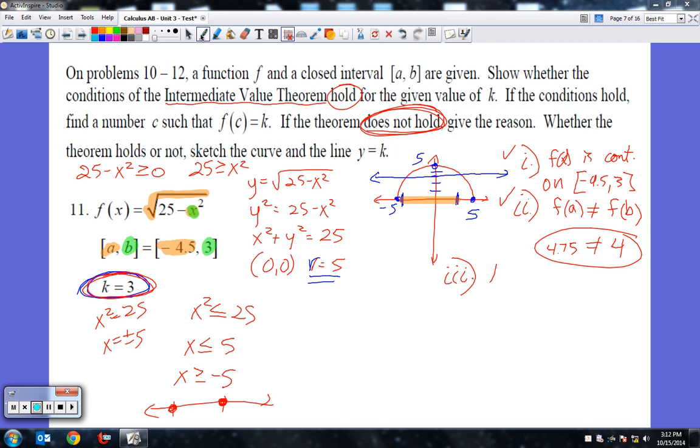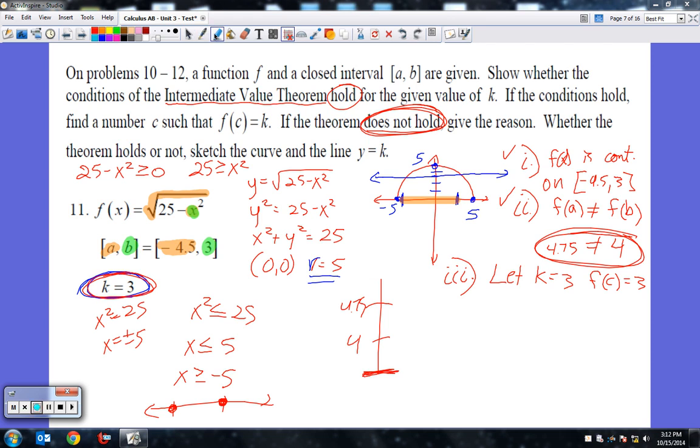If I say let k equal 3, that's f of c is equal to 3, I must first recognize that this lies in between these two given y values. Does that 3 lie in between 4 and 4.75? It does not. 4.75 would be here, 4 would be here, the 3 would be way down here.